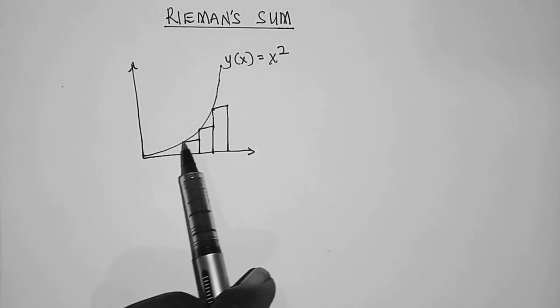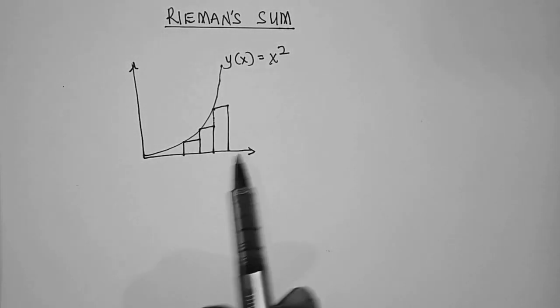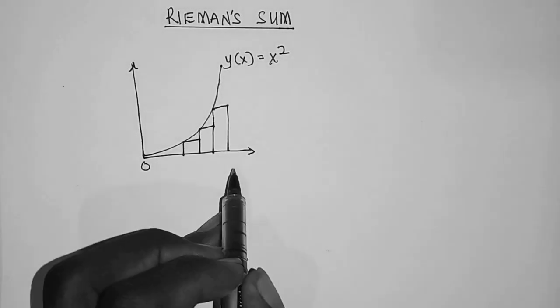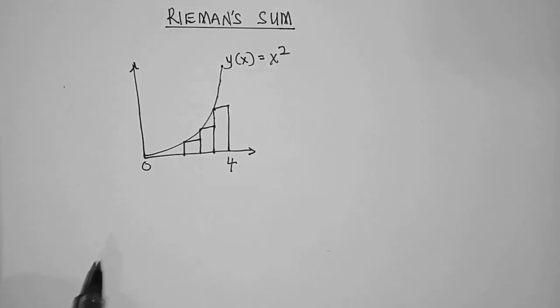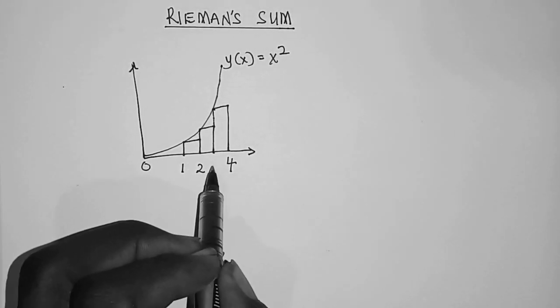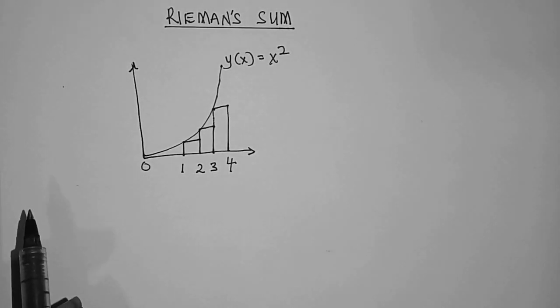The integral of y of x represents the area under the curve. So let's assume that we are taking the integral from 0 to, let's say, 4. So if this is 0, let's assume this is 1, this is 2, and this is 3, up to 4.